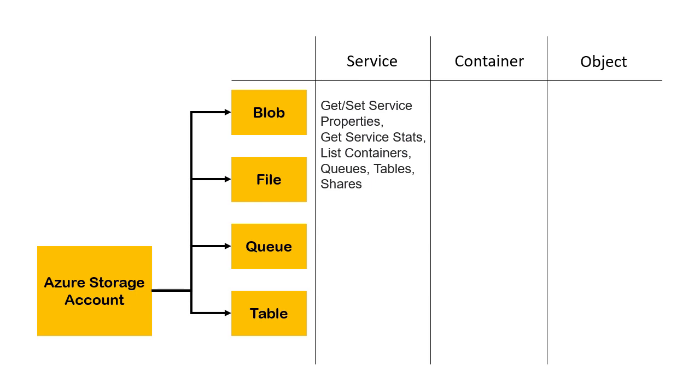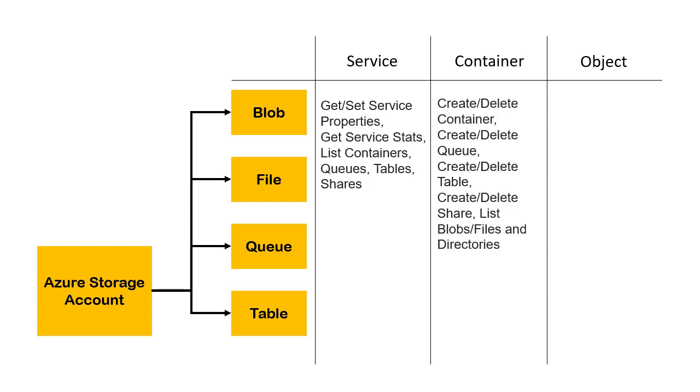If you select container as the allowed resource type, you will get access to the container level APIs. So this permission is required if you want to access or create or delete blob containers or queues or tables or shares. And finally, if you select object as the allowed resource type, you will get access to object level APIs, which means you can access individual blobs, queue messages, table entities, and files within the containers.